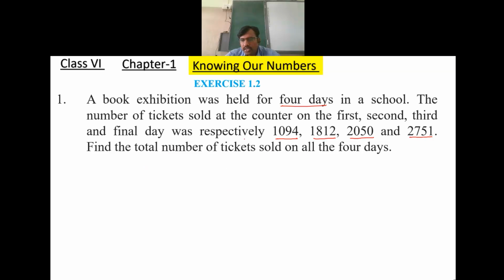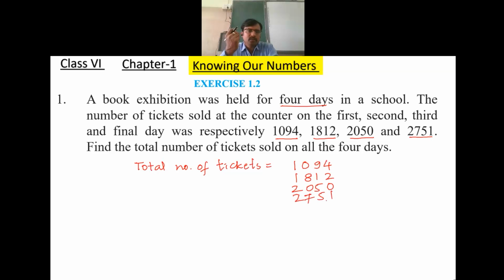Here, the total number of tickets will be the sum of all the tickets of each day. So, the total number of tickets will be equal to 1094 plus 1812 plus 2050 plus 2751. 4 plus 2 plus 1 is 7. 5 plus 5 is 10. 10 plus 1 is 11.